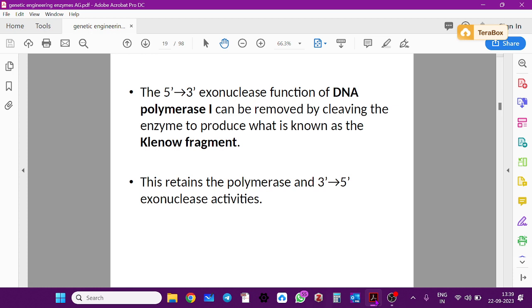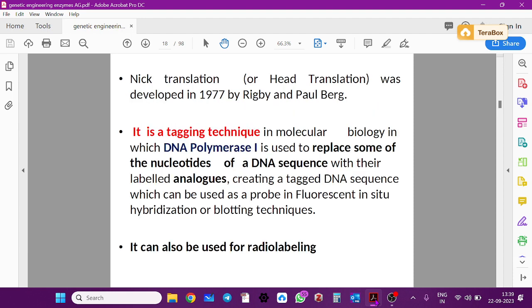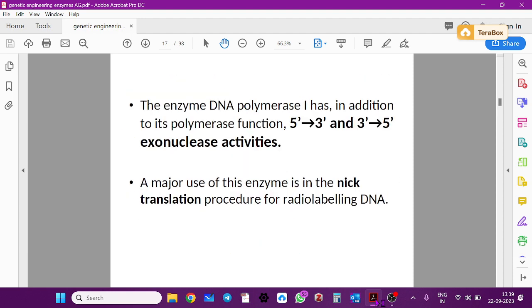So DNA polymerase 1, the most famous polymerase is the DNA polymerase 1.